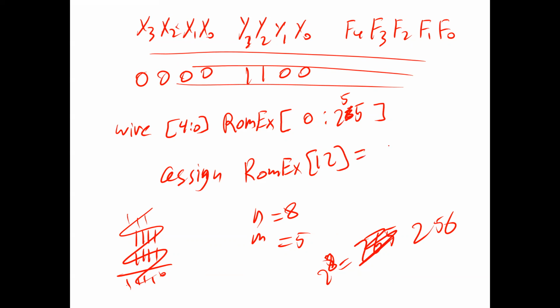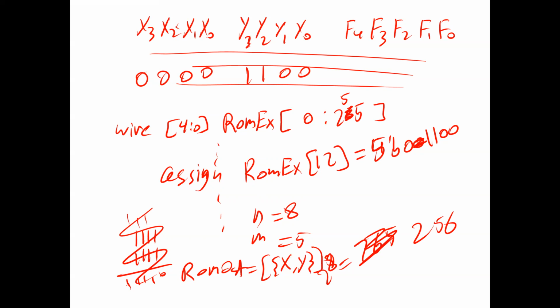ROM of 12 will equal the 5 bits 0 1 1 0 0, which is the addition between 0 and 12. This should give you 12. You're going to do 256 lines of those. And then you assign the output. Assign ROM output equal to the concatenation of X and Y. So this is going to be 8 bits. Your address is 8 bits.